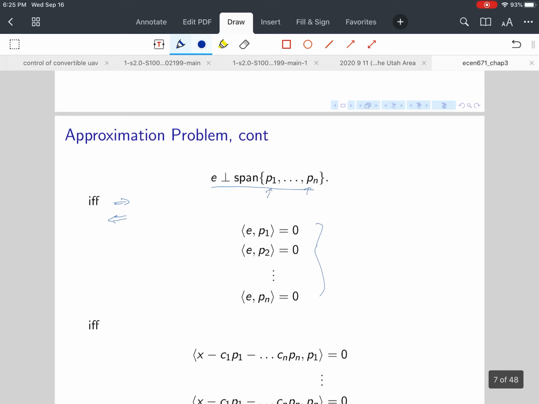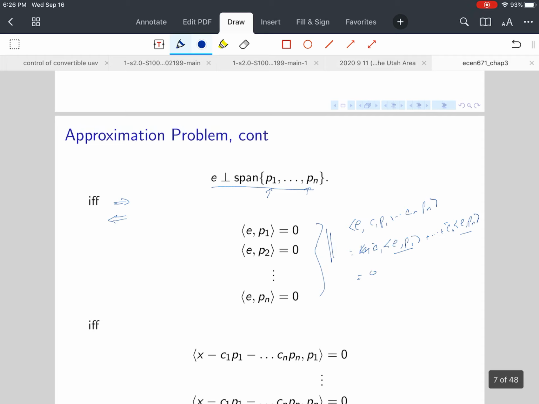We can actually go the other direction too. If E is orthogonal to each of the vectors, then taking the inner product with anything else in the span, C1 P1 plus up to Cn Pn, gives C1 bar times the inner product of E with P1, plus all the way up to Cn bar times the inner product of E with Pn.